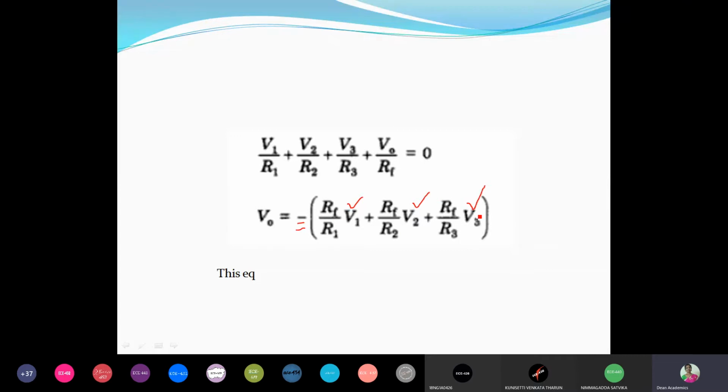That's why we call it a sum. Of course, RF by R1, RF by R2, RF by R3 are called the weights of these terms. So finally we say that output V0 is equal to the weighted sum of the inputs.